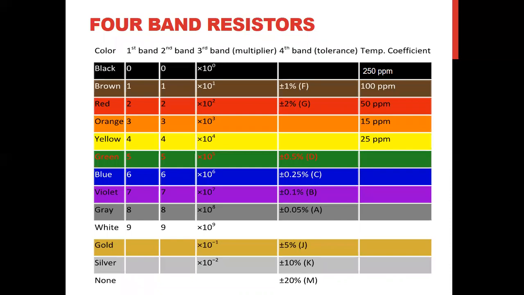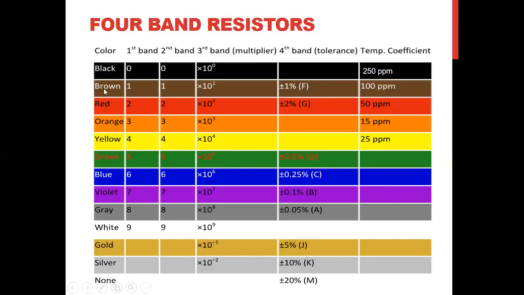Now let us see the color bands and color codes, how we can measure the value of resistors. Usually, or mostly, we use the 4-band color code of resistors. So first, let us see what the 4 bands are.